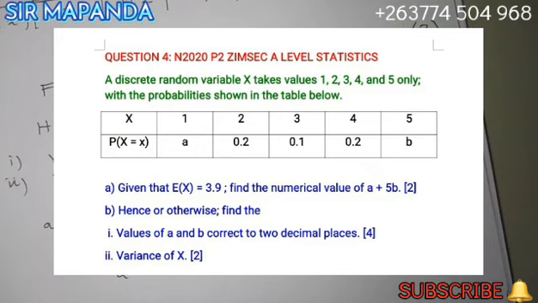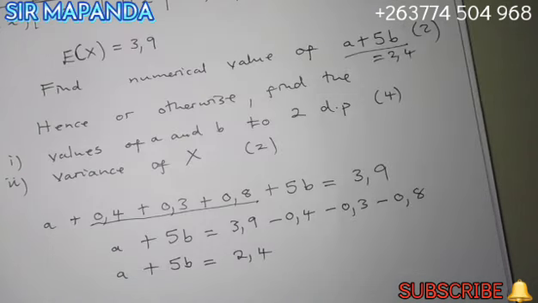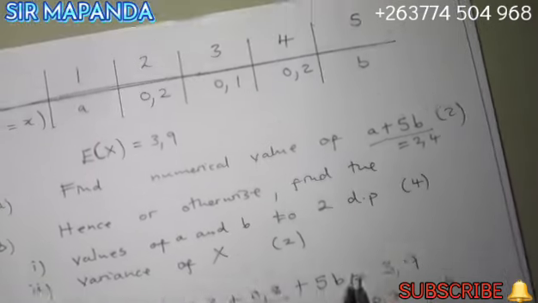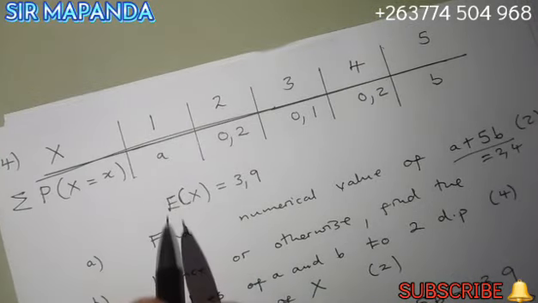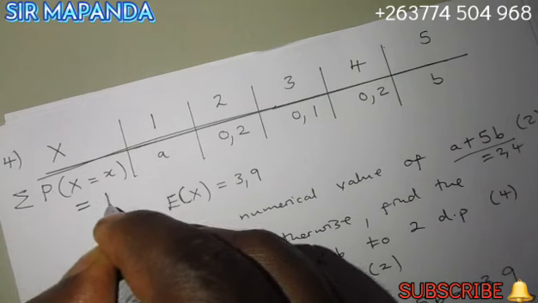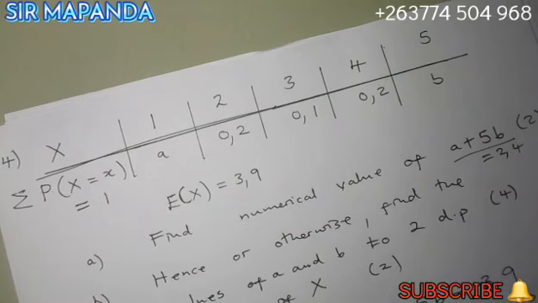Hence or otherwise, find the values of a and b. Give your answer to 2 decimal places, 4 marks. So we now need to find another equation so that we have simultaneous equations, right? What you need to know is the summation of probabilities in this table. They all sum up to 1.